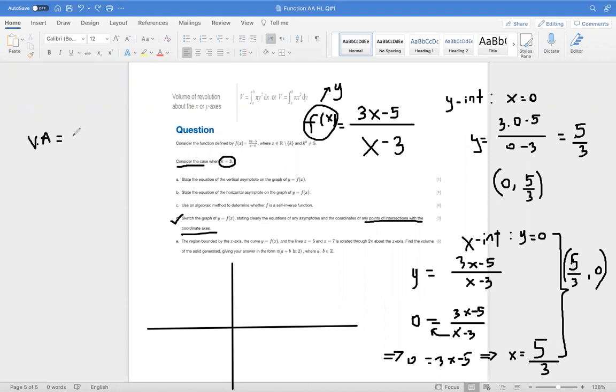Now k is equal to 3, so vertical asymptote is x equal to 3. And horizontal asymptote, we get this as k, which is also 3, because k is defined as 3 here. So y equal to 3 for the horizontal one. It means I cannot touch these points. So basically, first draw this. So x equal to 3. Let's say this is my 3. So these are my borders.